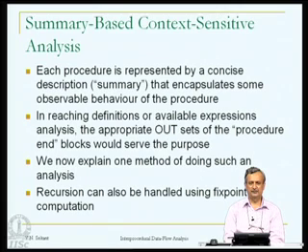So, for example, in reaching definitions or available expressions analysis, the appropriate outsets of the procedure end blocks would serve the purpose of this observable behavior. So, outsets are available to the outside world. So, this is what we want as the observable behavior. So, for each of the procedures, using some assumptions, we compute the outsets and then they can be appropriately used in order to compute interprocedural information.